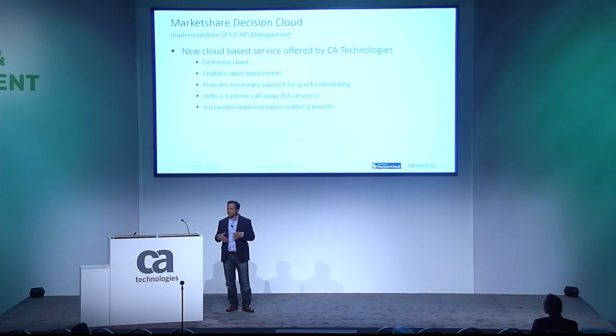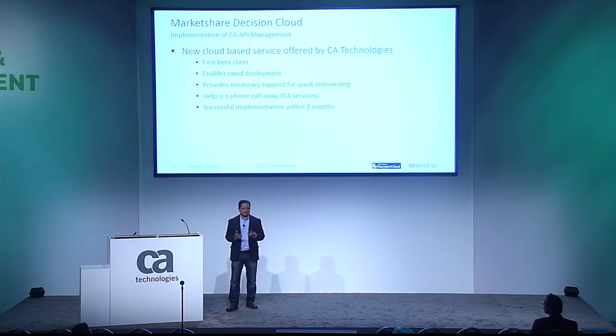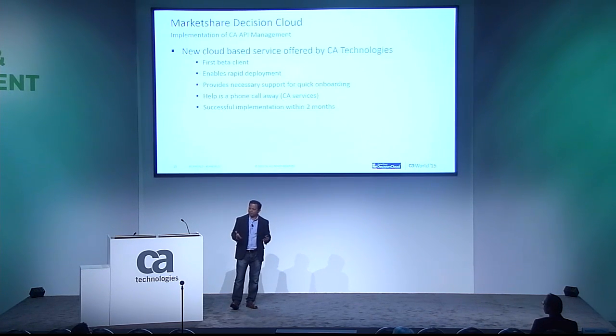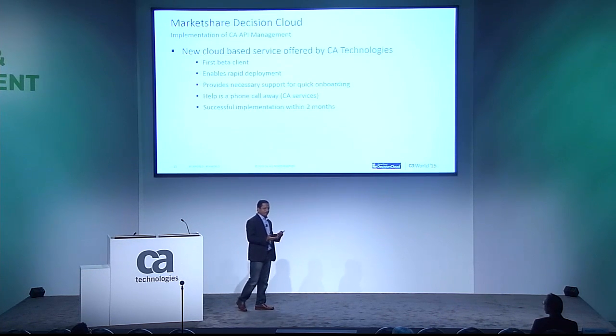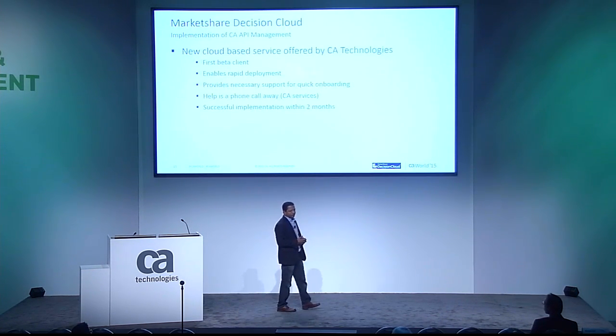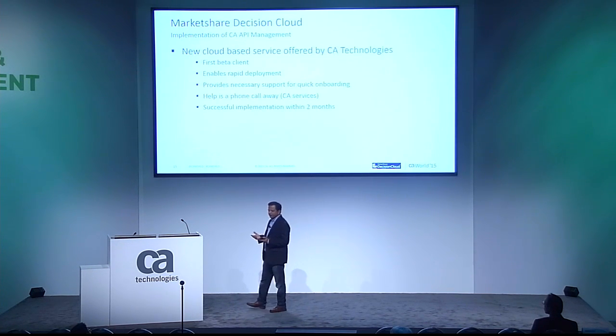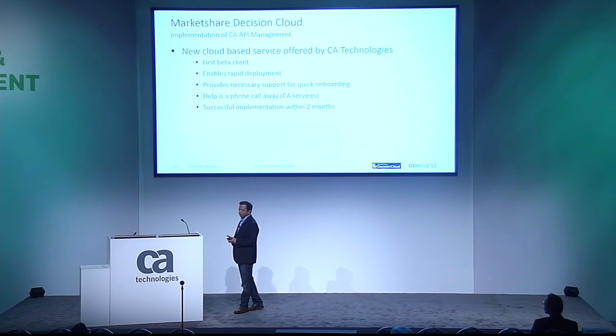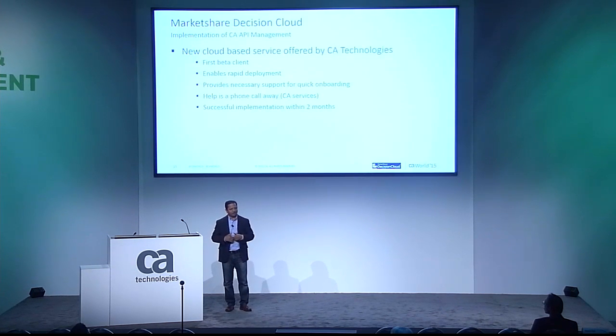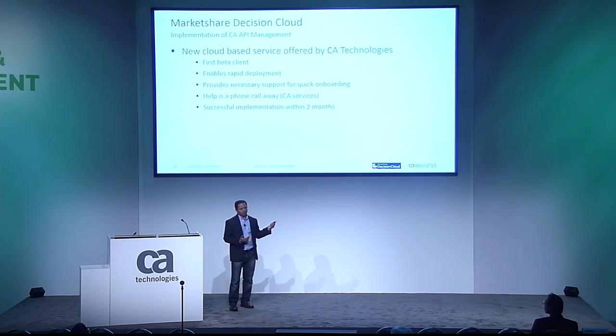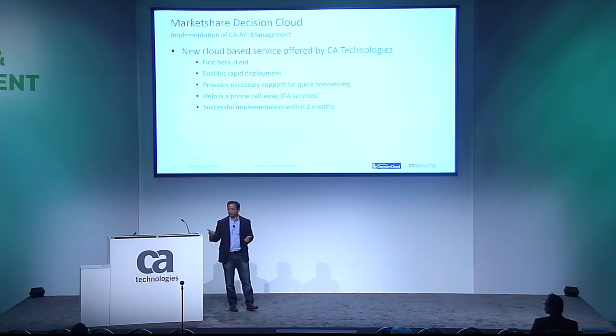And we got lucky also in a way where CA was launching a beta program for SaaS Portal. And at that time they asked us whether we would be interested in signing up for this. And of course we were delighted because we are a small company. We don't have a large budget where we can have multiple devices for redundancy and so on in multiple data centers.